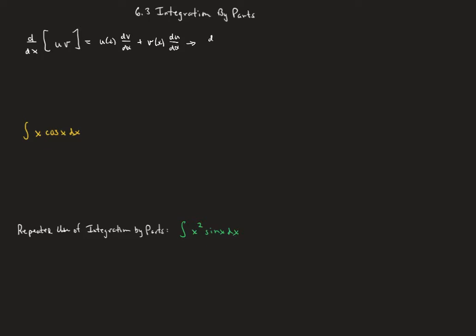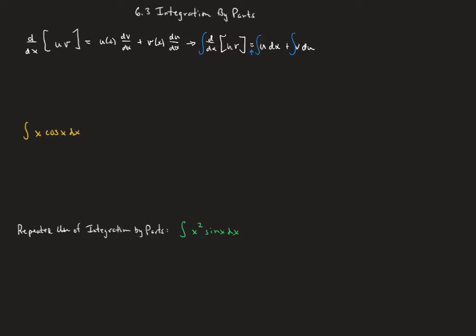We're going to write the derivative of uv as u dv plus, not the integral yet, v du. Now what we can do is imagine that if these two are equal to each other, then their integrals should also be equal to each other.